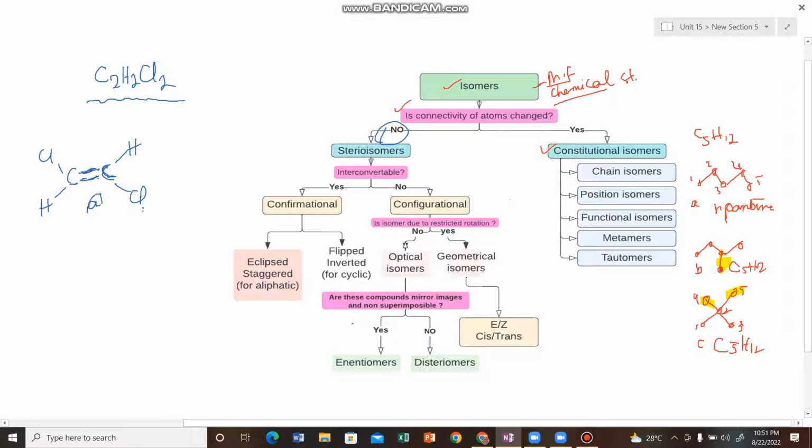This structure A can also be in another form. Like if I write 2 carbons end-to-end connected, in the first Cl and hydrogen, in the second Cl and hydrogen. Can you observe what is the difference between structure A and structure B?